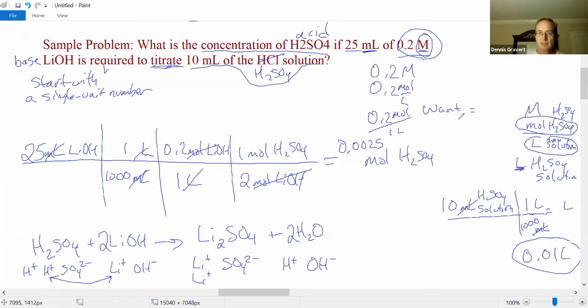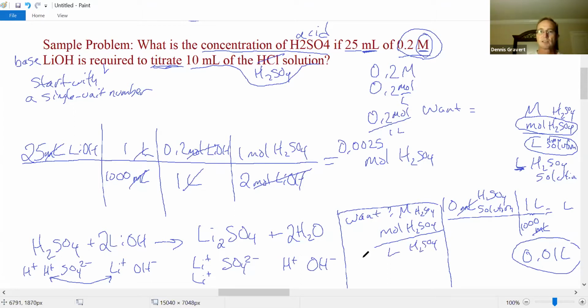This is really messy. Let's rewrite it down here. What do we want? We want molarity of H2SO4. And the molarity of H2SO4 is the number of moles of H2SO4 divided by the liters of H2SO4 solution.